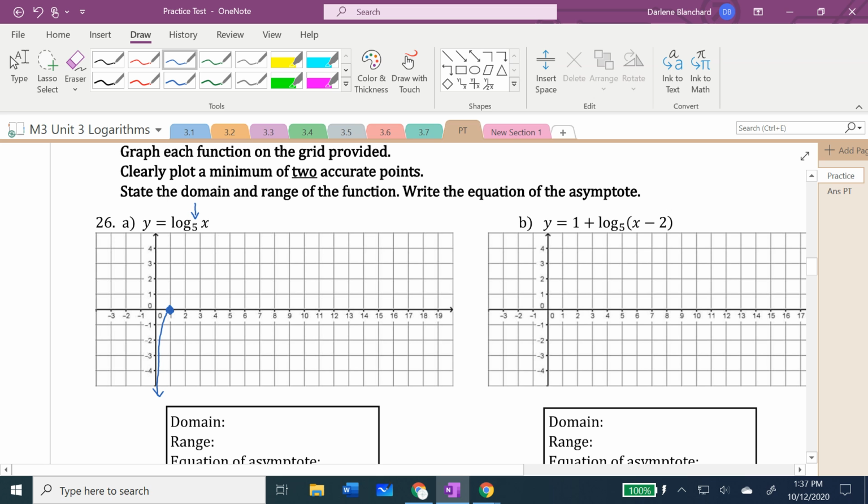To get a second point, look at the base of the logarithm and think, if I plugged the base number in, if I plugged 5 in, the answer would be 5 to what power equals 5? You would get 1 out. And that's enough to draw a graph.